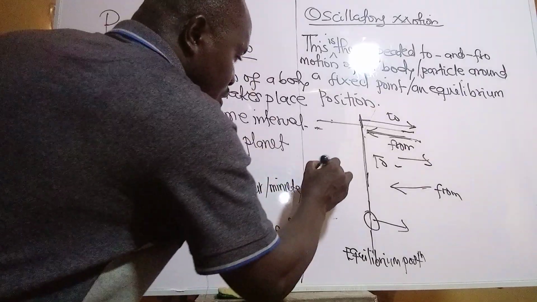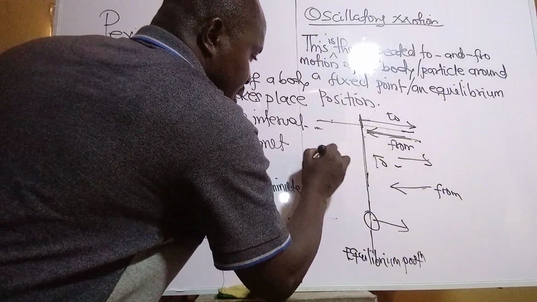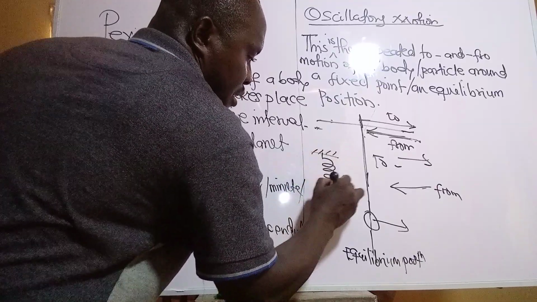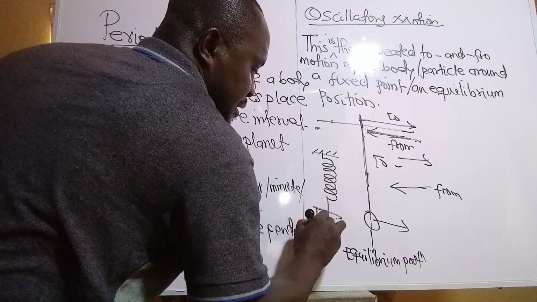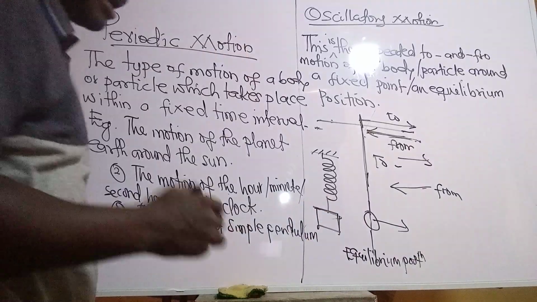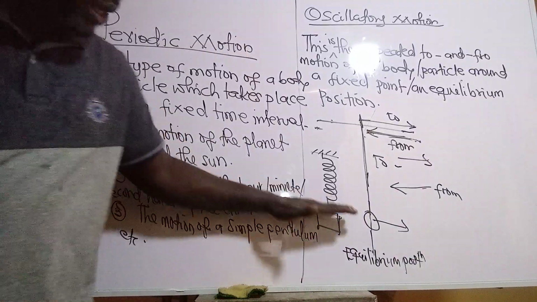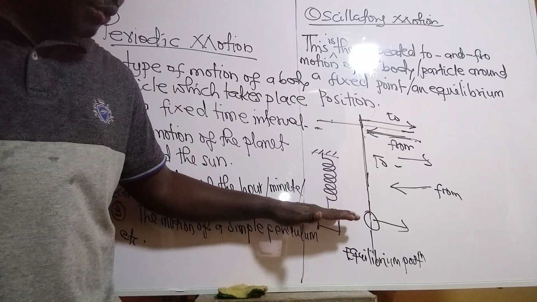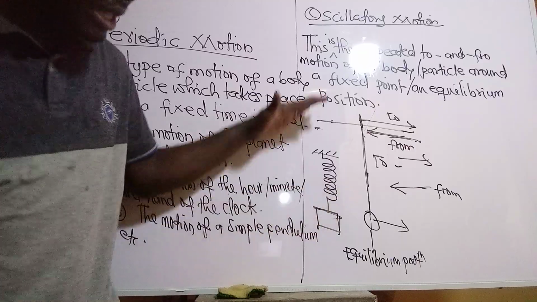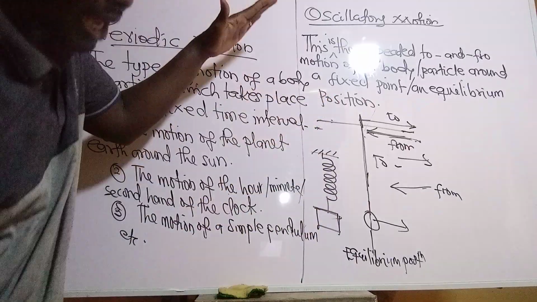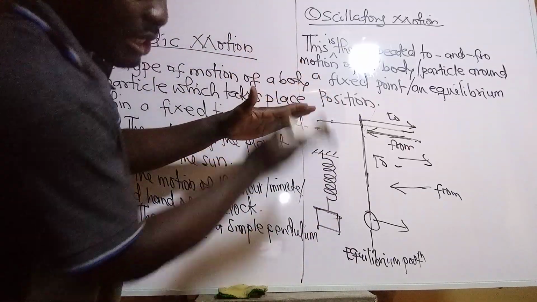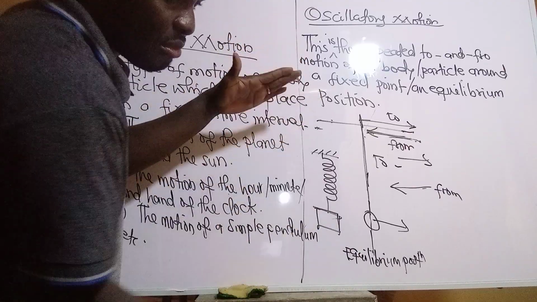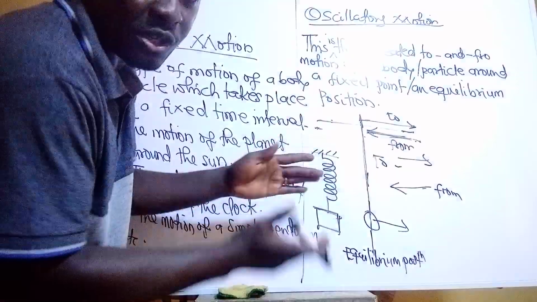Example, a loaded spring. If we have a spring and you load it with weight and then cause stretching or compression, when the spring is either compressed or stretched and left, you see it moving up and down, displaying this kind of oscillatory motion.